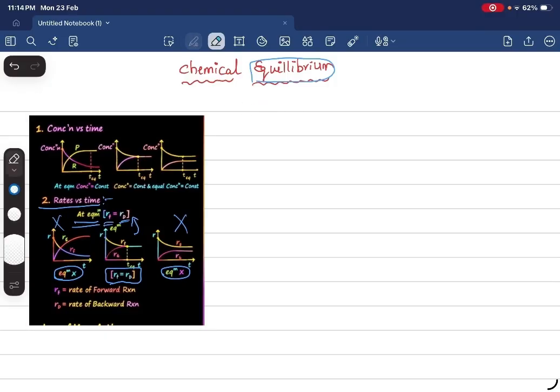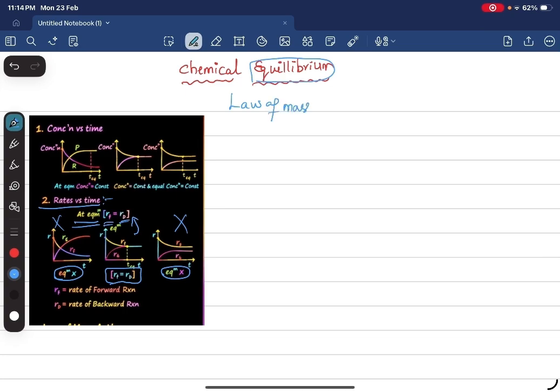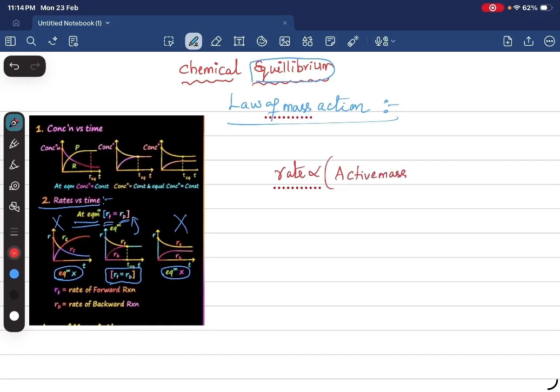So coming to the second one, called the law of mass action. Here, the rate of the reaction is directly proportional to the active mass of the reactants raised to the power of stoichiometric coefficients.